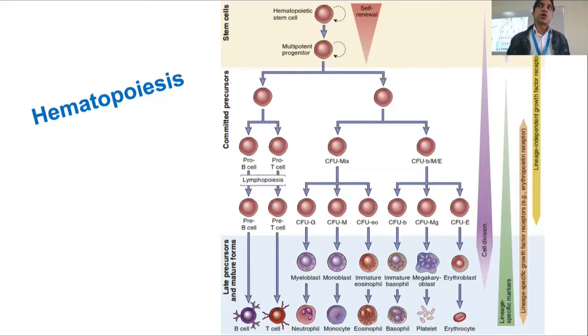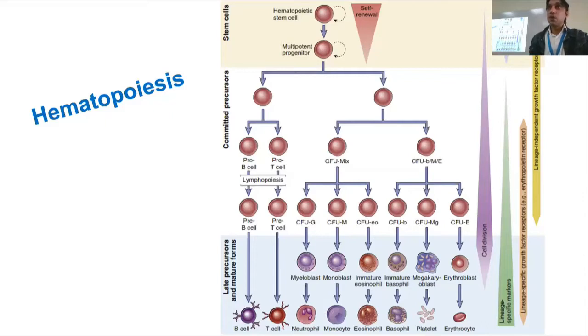Because in different parts of our body, we need a constant supply of new cells. Imagine skin cells. We are losing skin cells on a constant basis, regularly, because of physical wear and tear, and we need to replace those skin cells constantly during our lifetime.